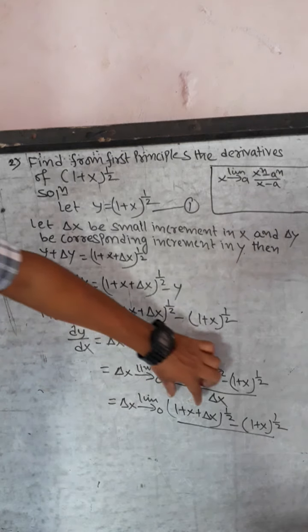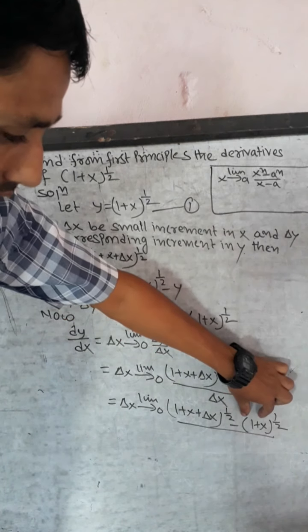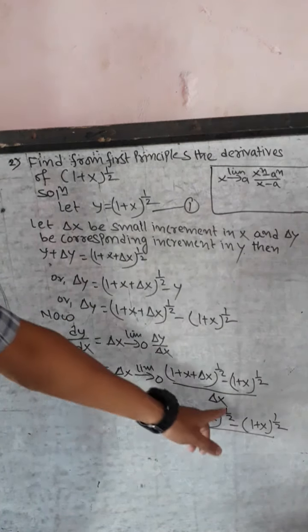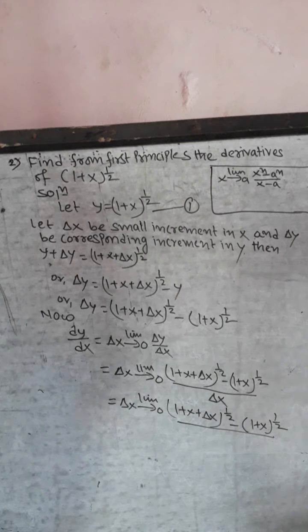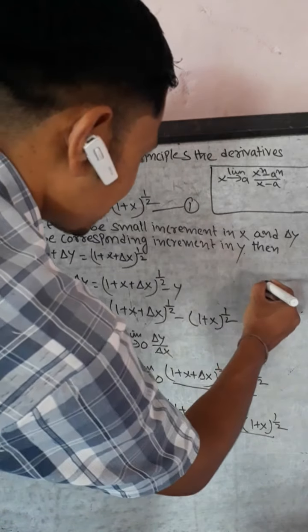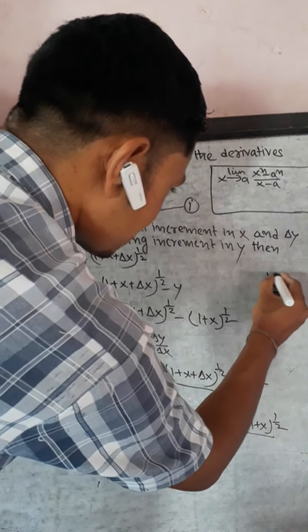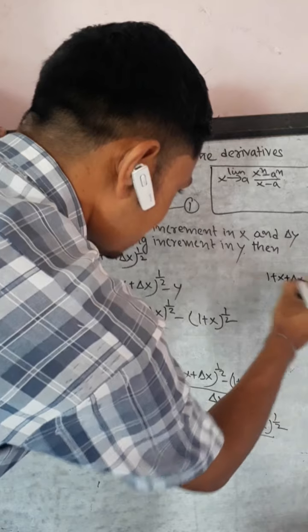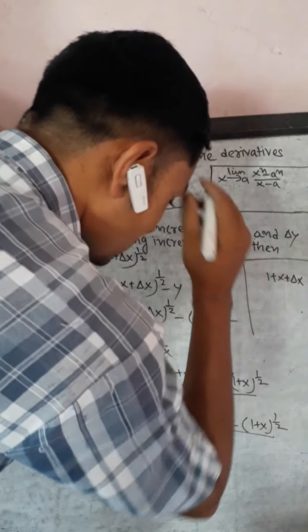Now here, take this one as x and take this one as a, and n means 1 by 2. Now here there should be x minus a. So let's see, x minus a: this is x, and this is a.